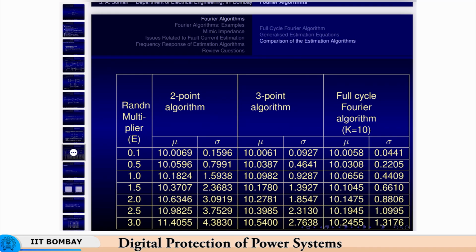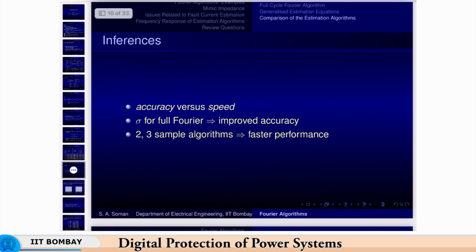So, greater accuracy, but of course, the trade off is there will be a longer time required for the computations. Okay. For 2 and 3 sample algorithms, you require just either the delta t or 2 delta t before you do all your phasor computations, but in this case you will require one full cycle.